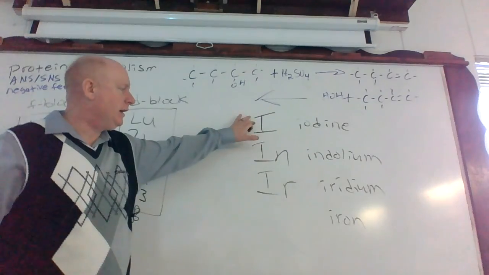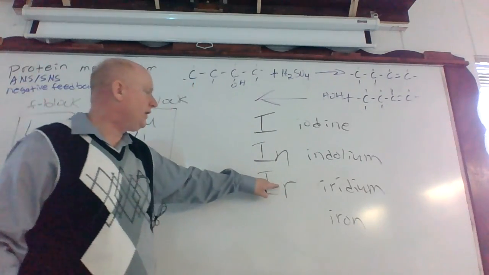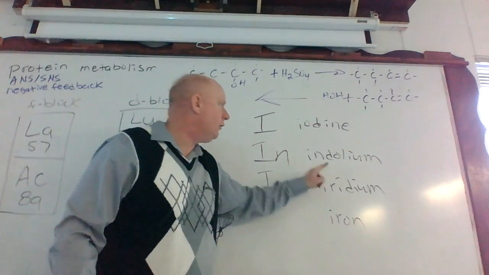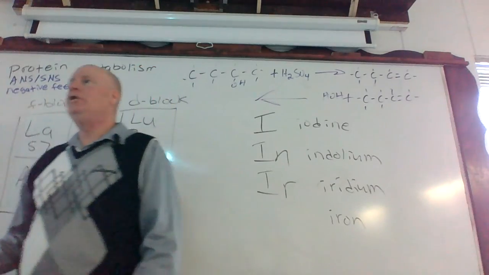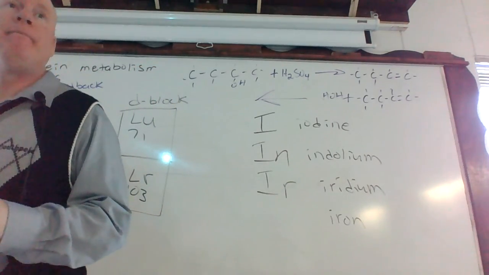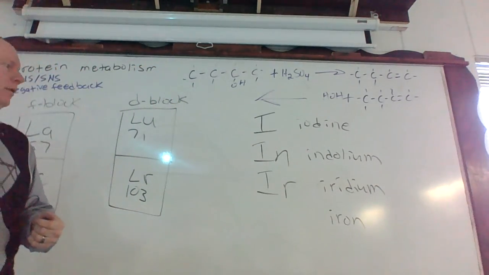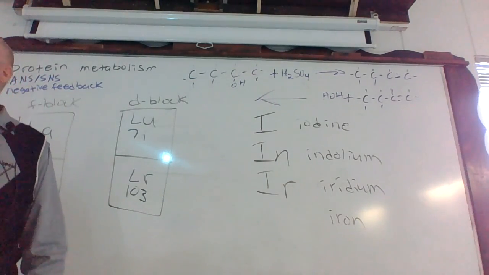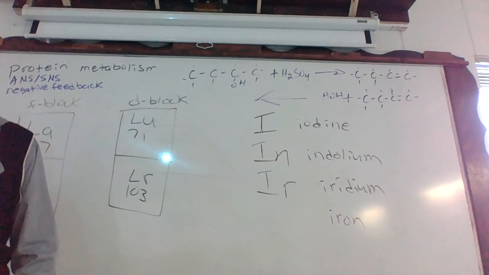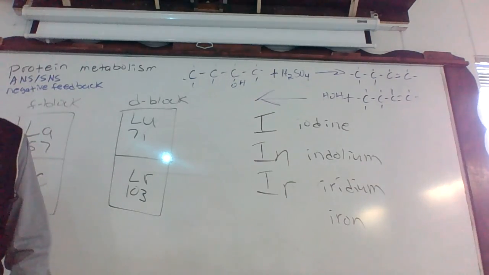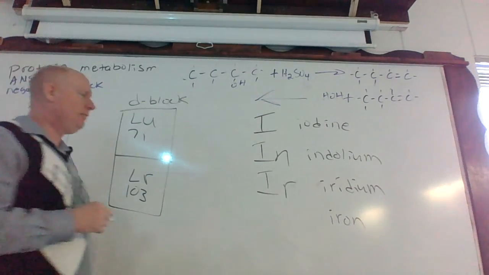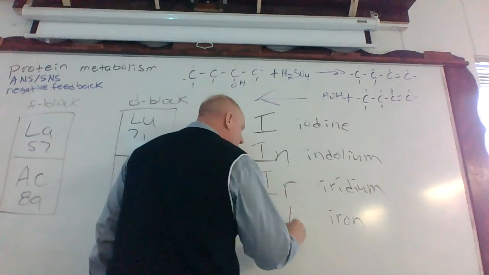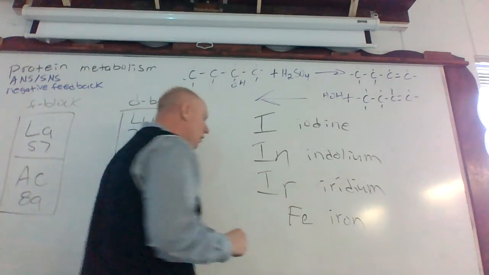Well, that's already taken. Why can't it be IR? Well, that's iridium. Why can't it be IN? Well, that's indolium. When you look at element number 26, okay, that is what? Iron. And that has the symbol of this, okay?